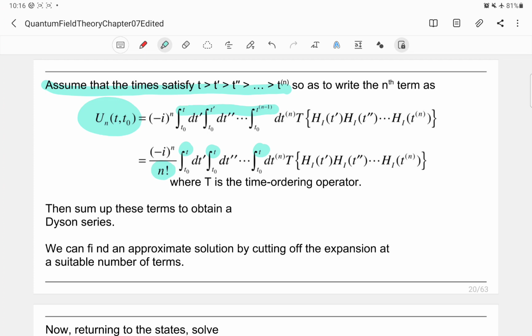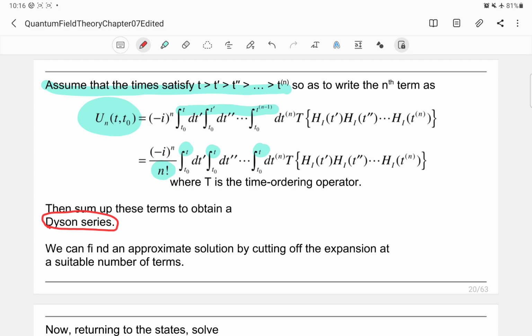So the sum of this, by the way, this is called the Dyson series. So the sum of that would just be your time evolution operator.